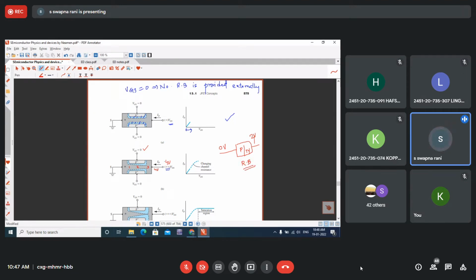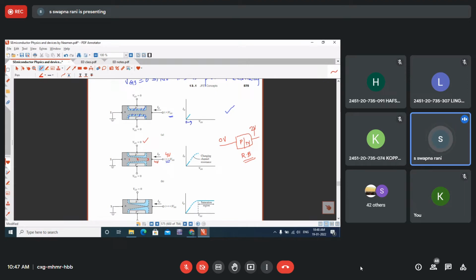The same situation applies here. Because of this voltage drop along the length of the channel, the junctions enter the reverse bias state, and this reverse bias effect is more at the points nearer to the drain end.